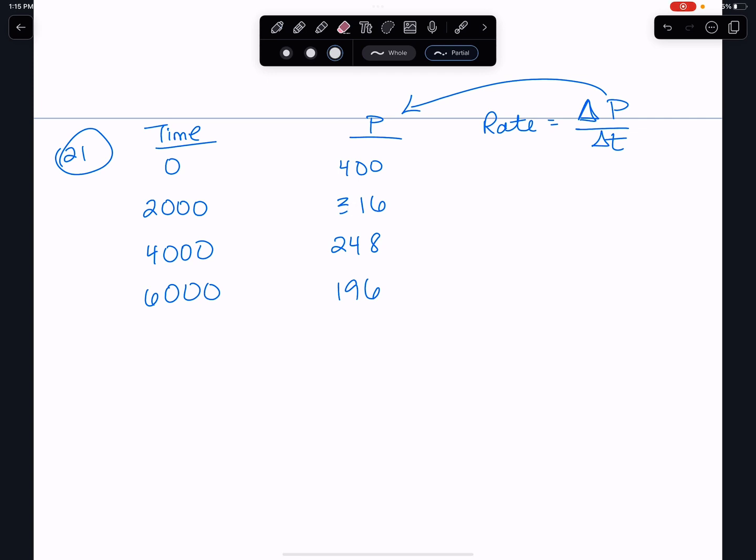So, the rate here, if I take 400 minus 316 divided by the change in time, which is 2,000, I get 0.042 for a rate.